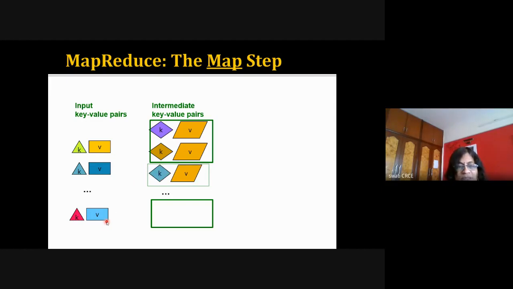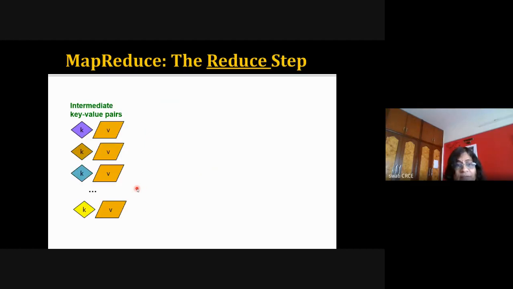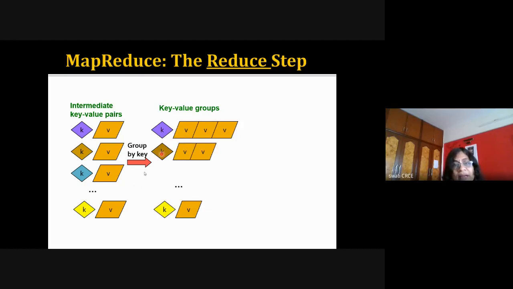Like this, all the mappers will run in parallel, and then these intermediate keys and values are shuffled and grouped by key. So it is like the group by operation of SQL. Same keys will come together, and that will create the key and value called list.